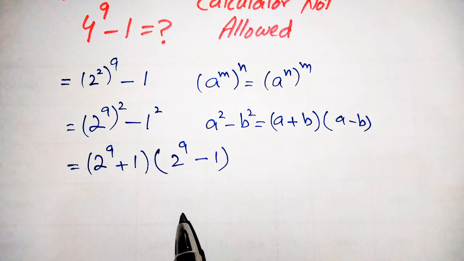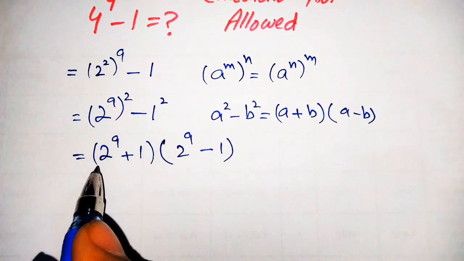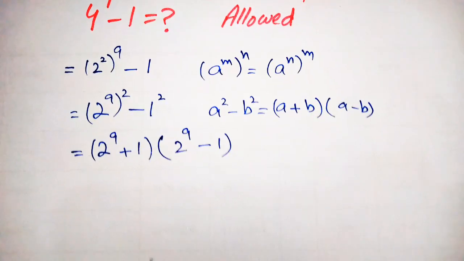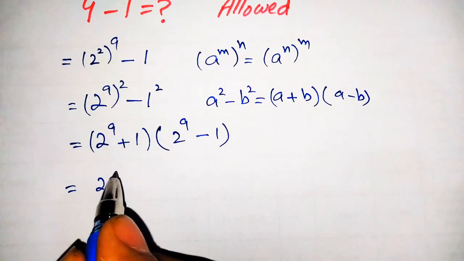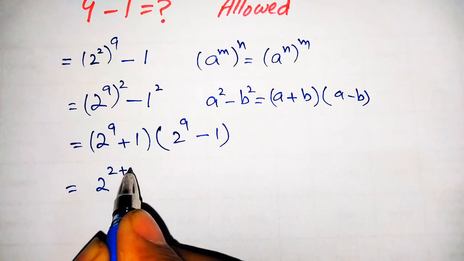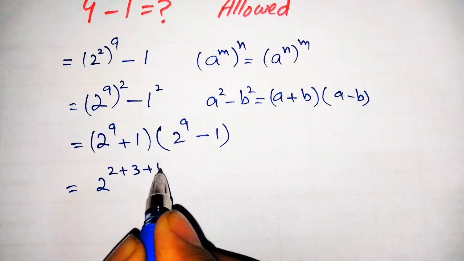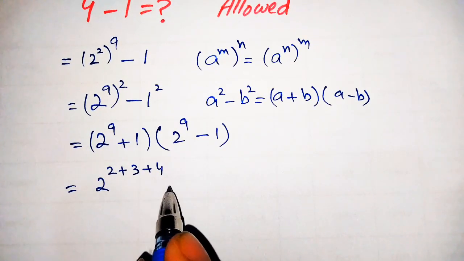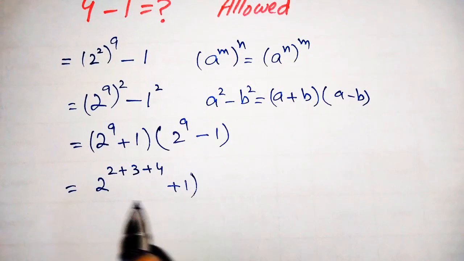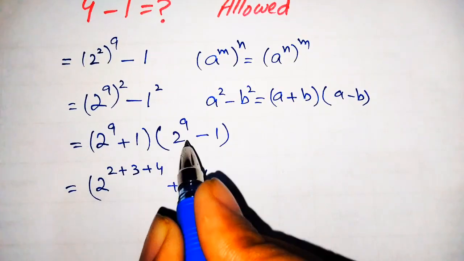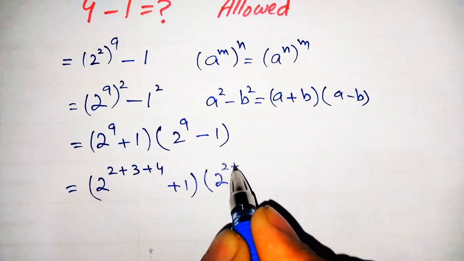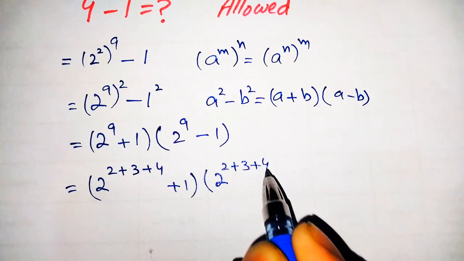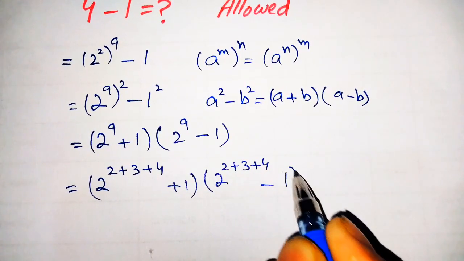Now to solve this we will break this 2 raised to power 9. We can write 2 raised to power 9 as 2 raised to power (2 plus 3 plus 4), which is equal to 9, plus 1. Similarly, we can write this 2 raised to power 9 as 2 raised to power (2 plus 3 plus 4) minus 1.